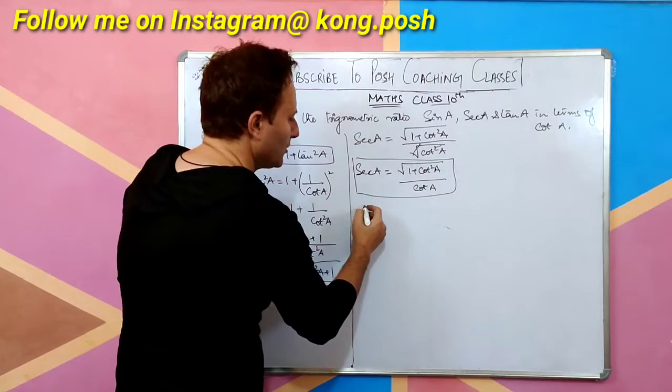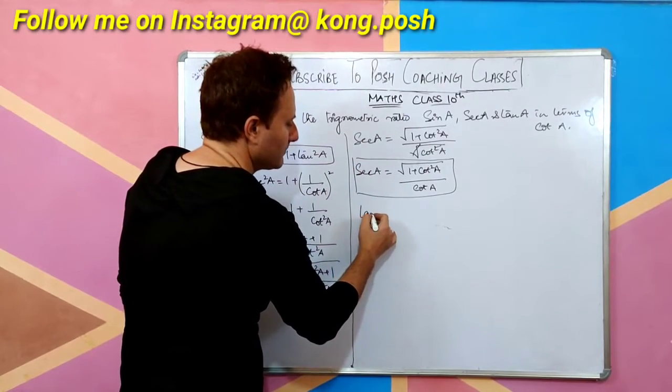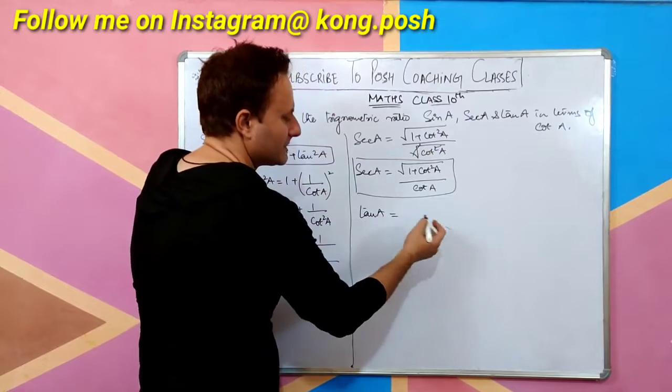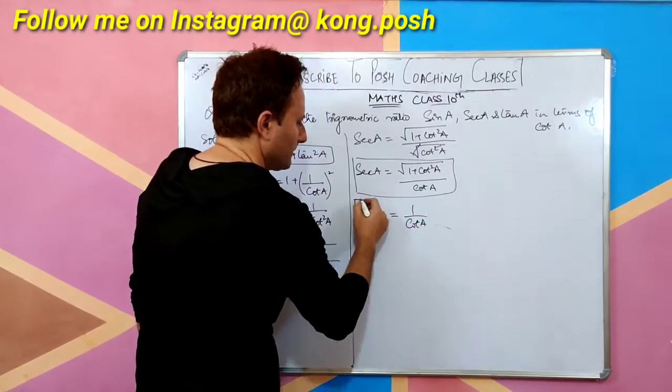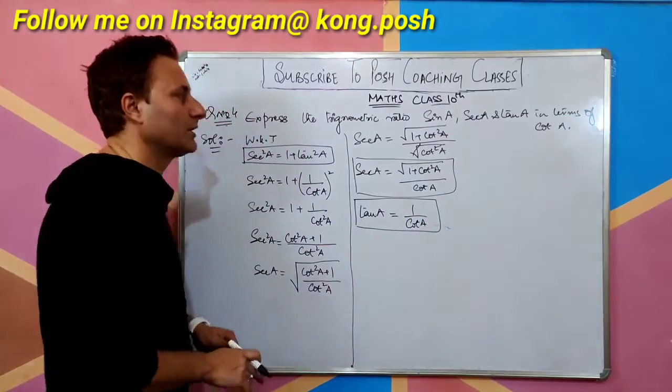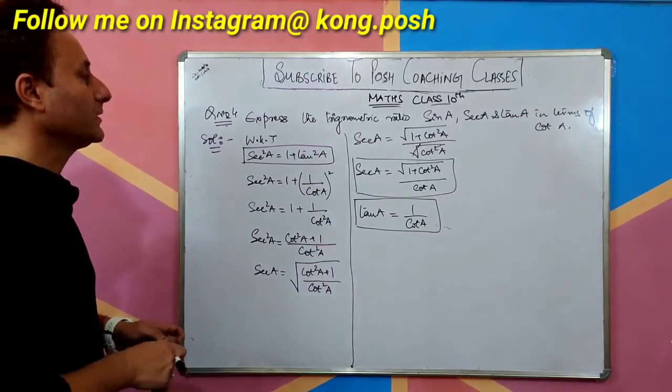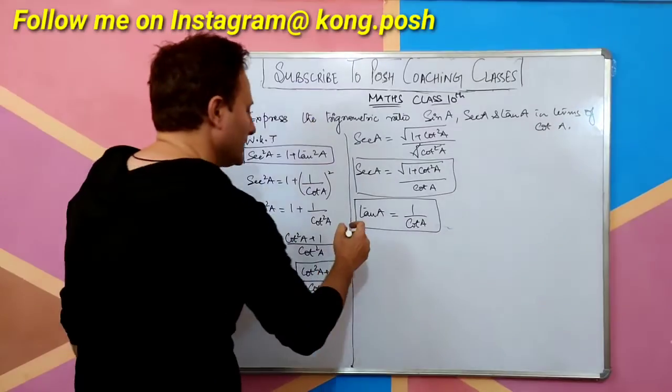Then I have one more, it says tan A. Tan A is simple, I know tan is 1 upon cot A. Done this as well. Now I have sine, so I will use one more identity.